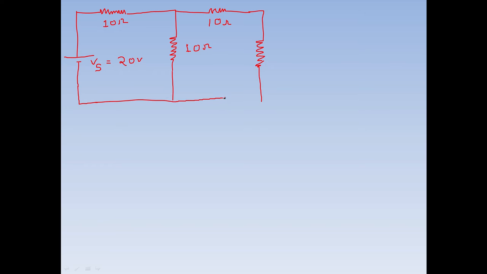This is the 25 ohm resistance. So this is our circuit. Here a 20 volt voltage source, 10 ohm resistances, and then a 25 ohm resistance.